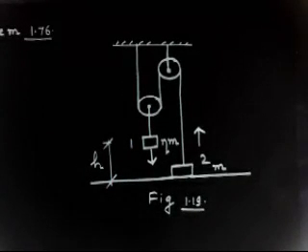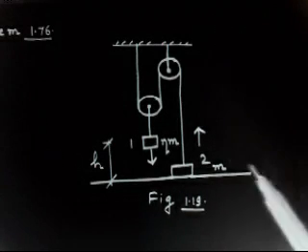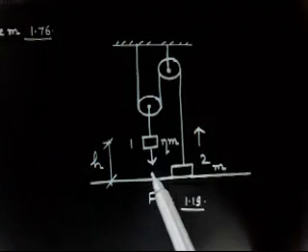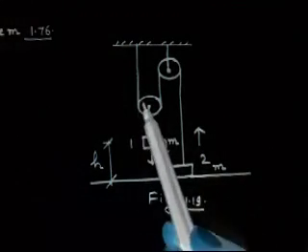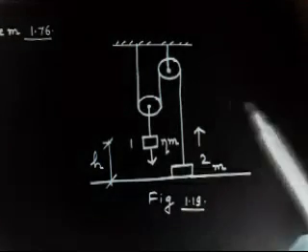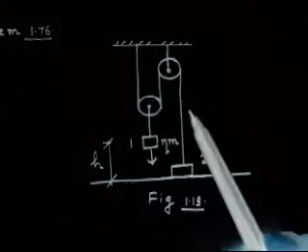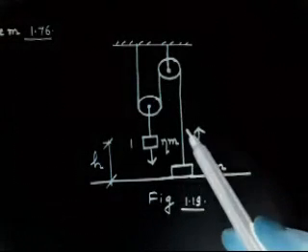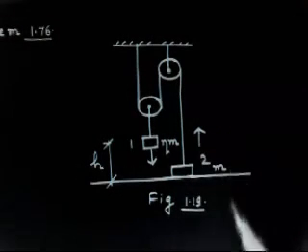You can verify this, because here 4 mg force is acting, and here you have 2 mg, 2 mg, so the tension is mg. Because the downward force is 2 mg and upward mg, this will move up.